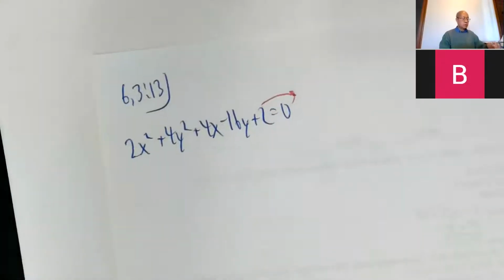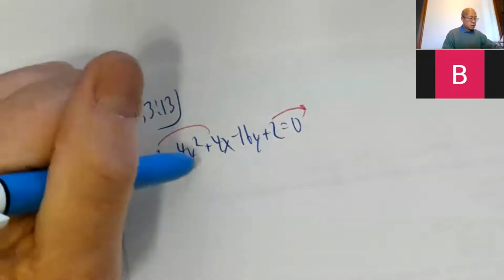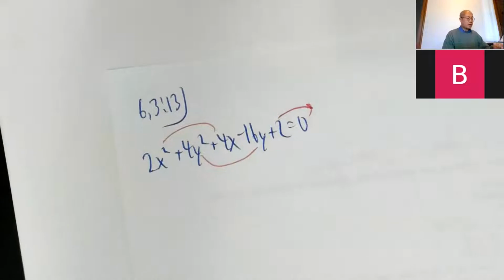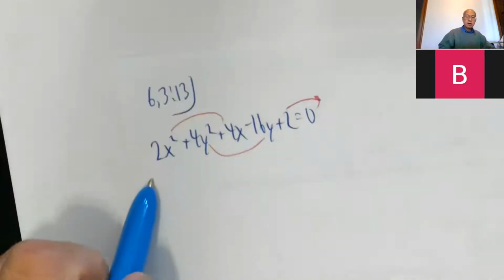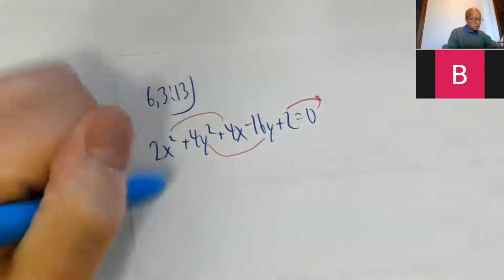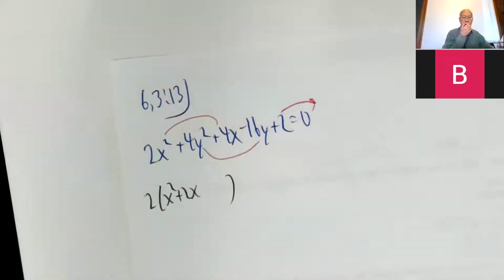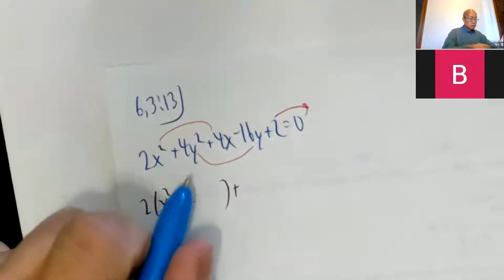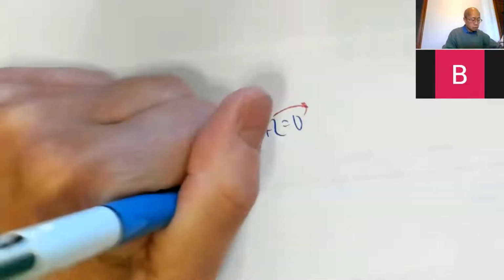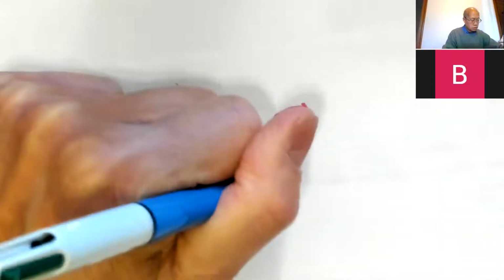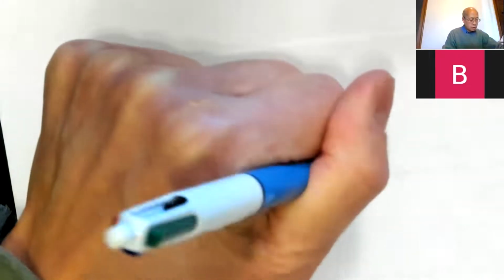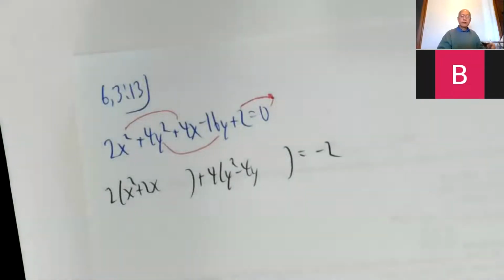All right, so you move the 2 over. Combine these two, and factor out the common factor. So these two I can take out a 2: x squared plus 2x, leave a gap. These two take out a 4. Leave a gap. Equals -2.